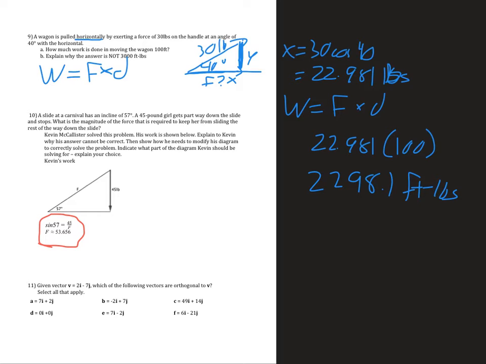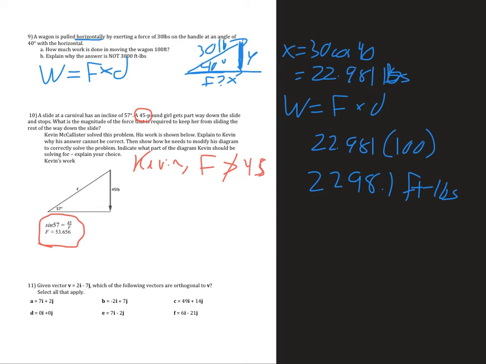Well, it simply cannot take 53 pounds of force to stop a 45-pound girl from sliding down the ramp, because the total amount of force that she has at this time is 45 pounds. So the first part is, Kevin, your force cannot be greater than 45.